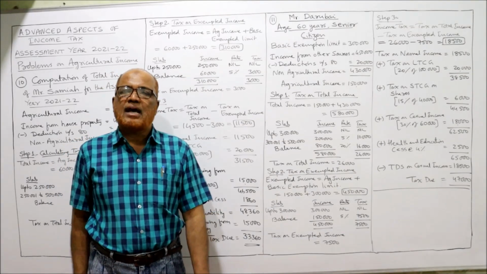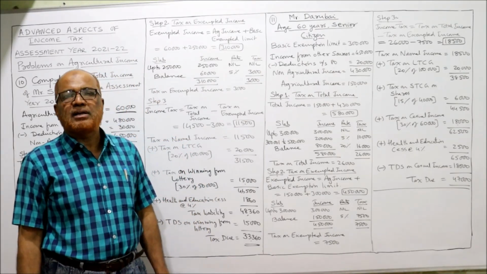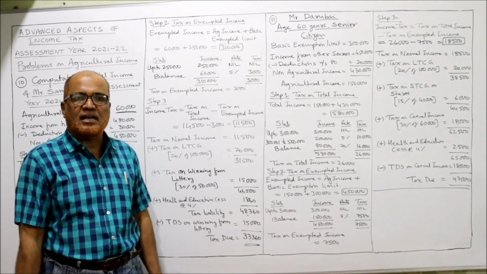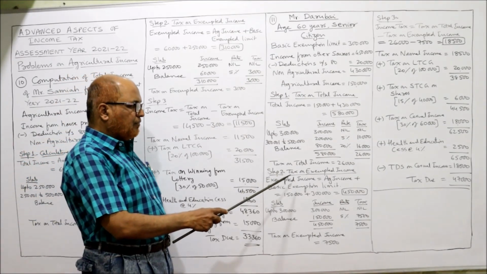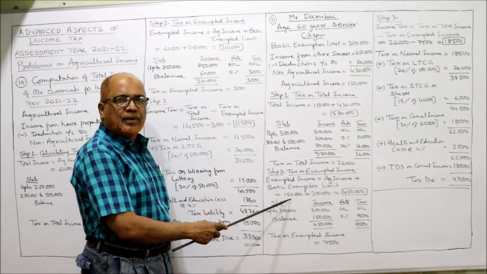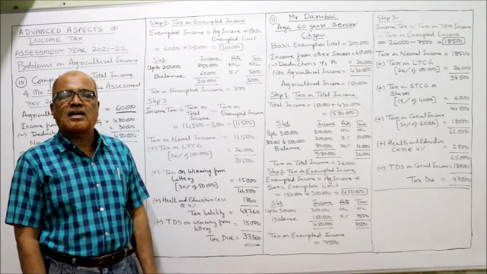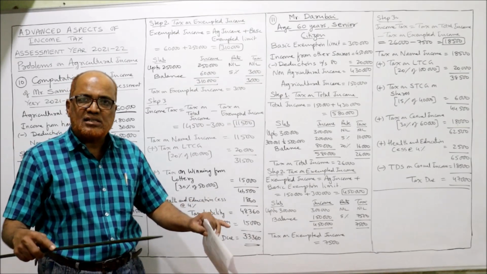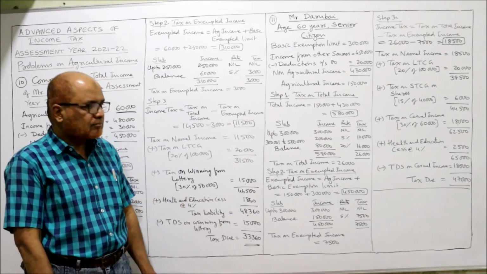Second step, tax on exempted income. Exempted income means agricultural income plus basic exemption limit. So 1,50,000 is the agricultural income and 3 lakh rupees is the basic exemption limit. So 4,50,000 is the exempted income. On this we calculate the tax.